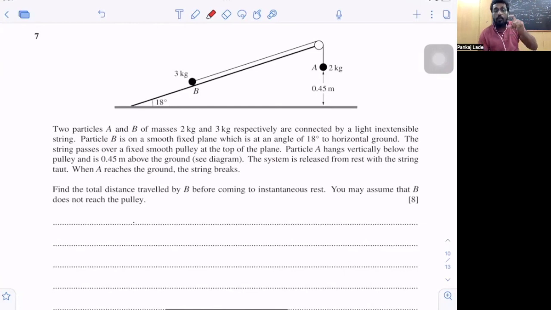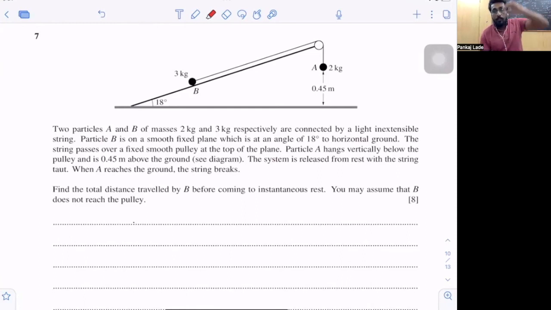The string is inextensible. The length of the string is not going to change. So if A displaces by 0.45 meters, B also displaces by 0.45 meters up the plane. That is very important over here.